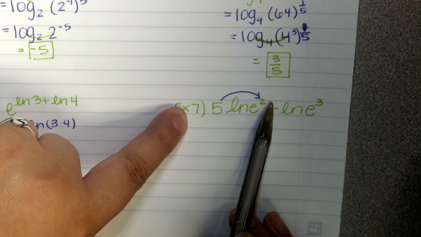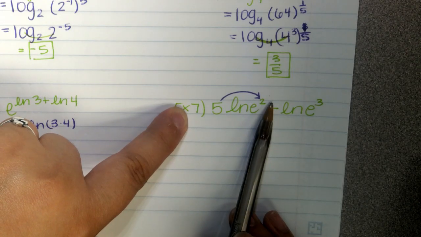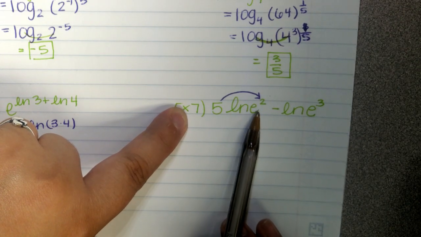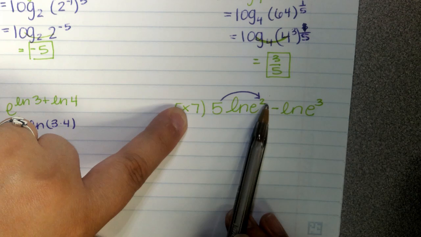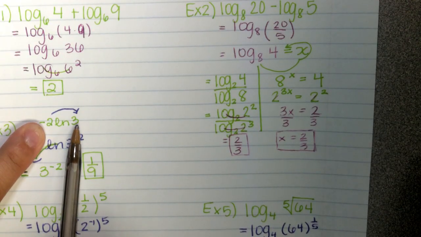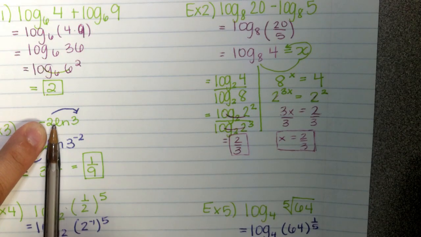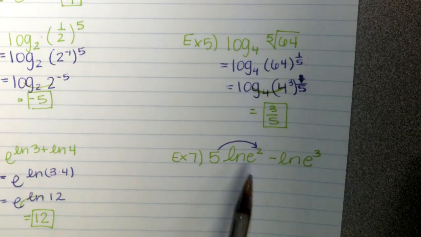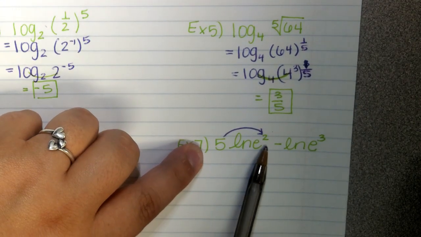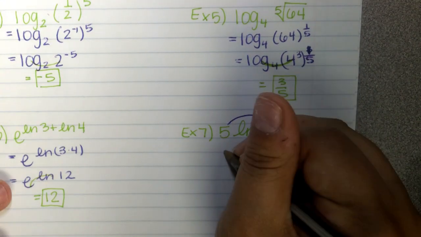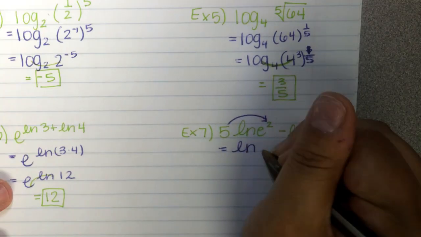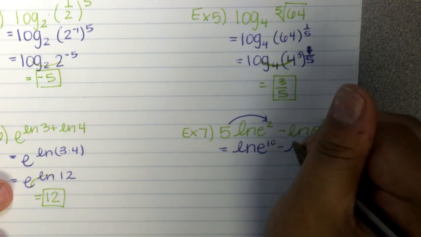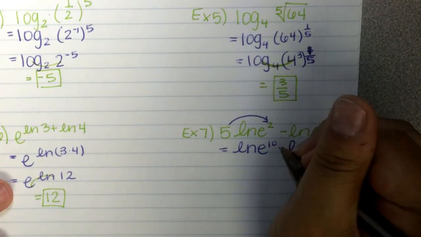Do you see the difference? This 2 is an exponent, so I'm going to multiply it. Over here, this 3 is not an exponent, so I need to raise it to that. If that's your number, you are going to raise it. If that's your exponent, you multiply it. So this is going to become the natural log of e to the 10 minus the natural log of e to the 3.